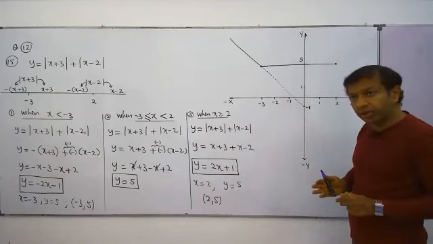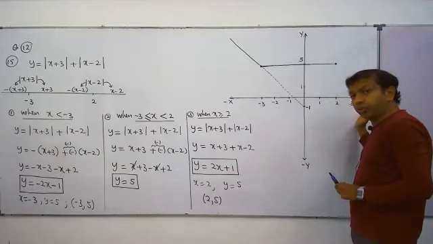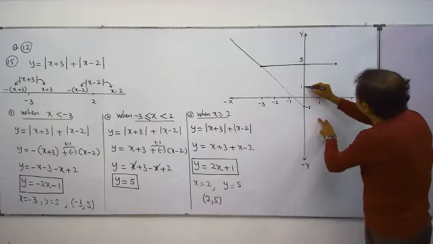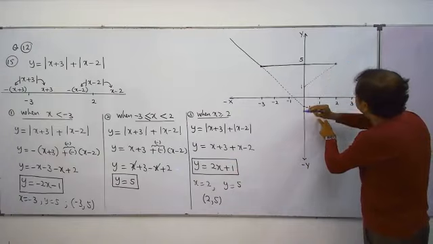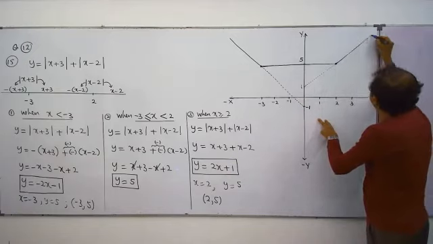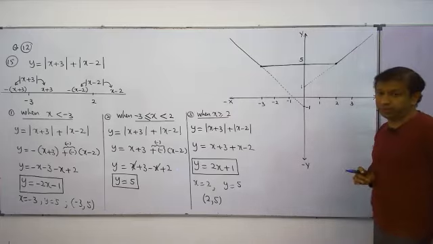Of that line, only the part which is on the right of 2 we need. Understood? So then I first draw like this. This way. And we produce it this way. This is how, people, we draw that.